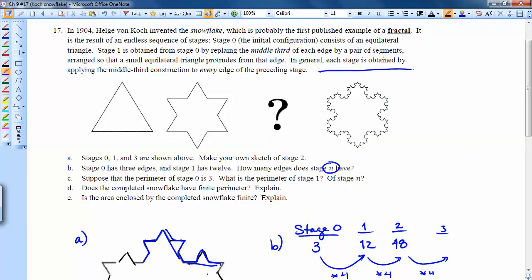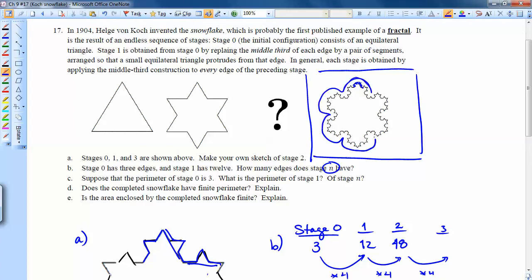If I draw a big box around it, you should be able to tell that as these stages keep developing, I'm going to build more around this one right here, and then those will get even more detail in there. But the thing is, it's not getting any bigger than this shape right here. It's not actually getting outside that region. It's just filling in the gaps around it.